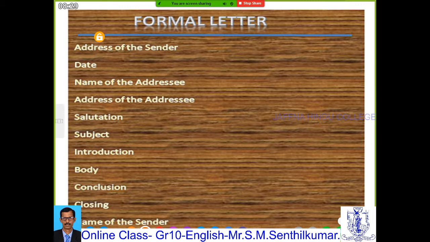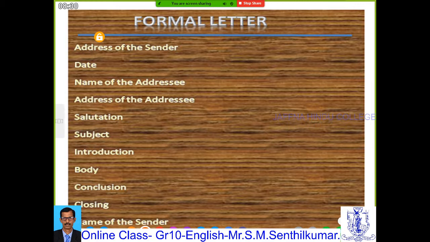Subject means, for the exam purpose, whatever letter is given to you, you are going to summarize the title. We are going to give a subject, the summary of the theme of the letter. Have you understood that? What is the theme? That should be written in phrase form, don't write a fully lengthy sentence.